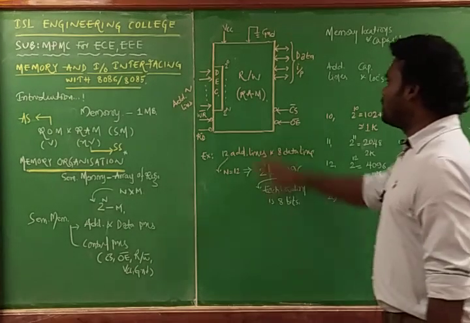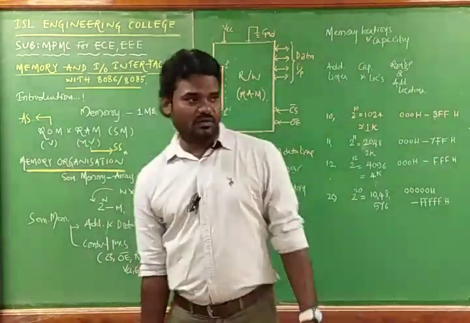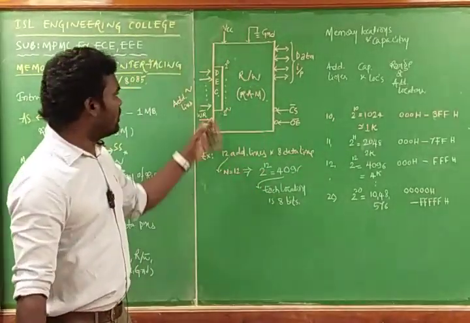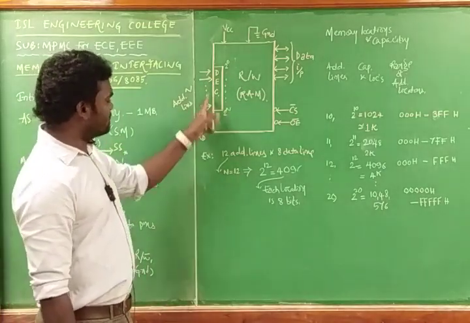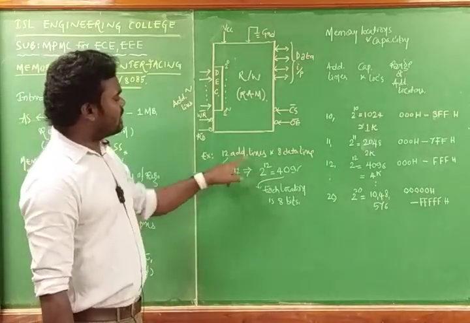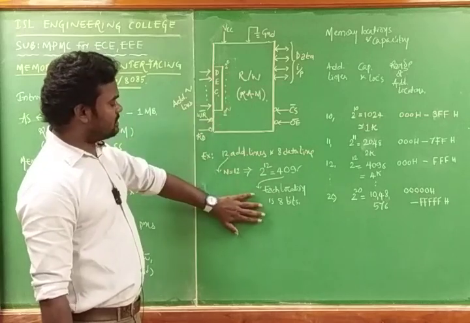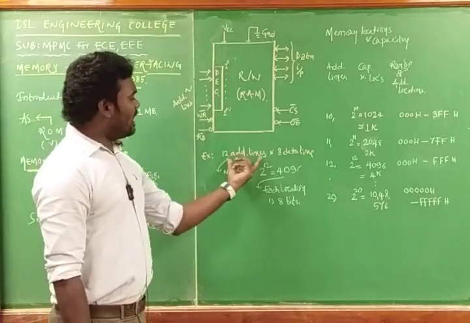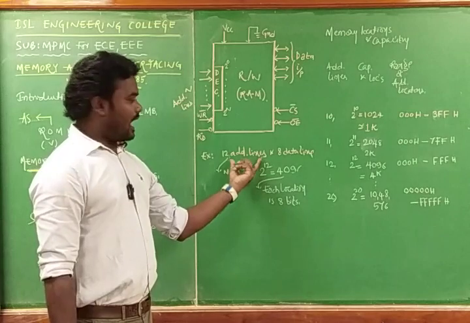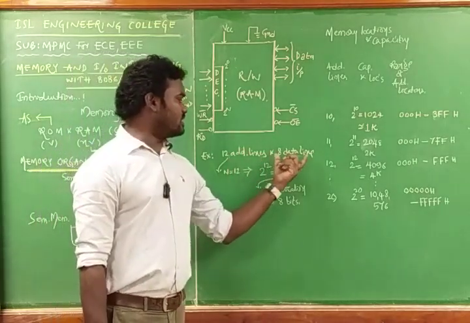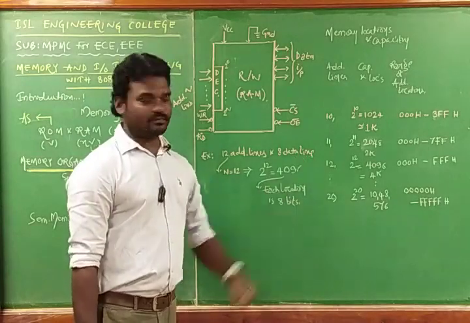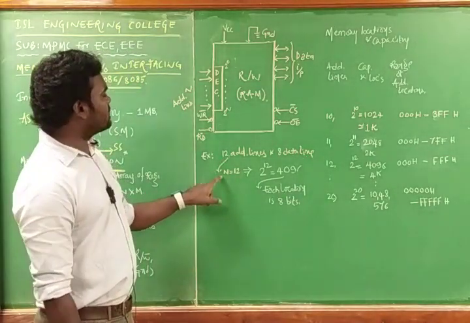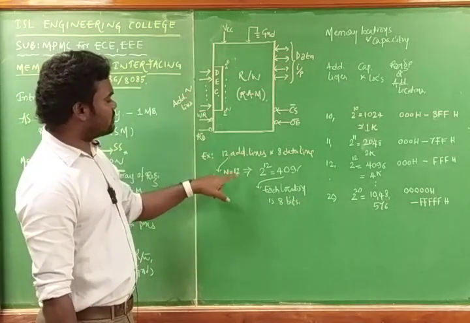For example, with this example we are going to understand the complete memory organization. Here 12 address lines are there, and each register can store 8 bits of data. So 12 address lines means n is equal to 12.